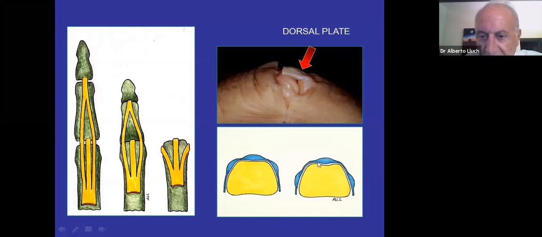And that's why the condyles of the proximal phalanx are more marked in flexion than in extension. Extension is more flat, but then in flexion, they provide stability to the dorsal plate. So the central slip always stays at the top of the joint.